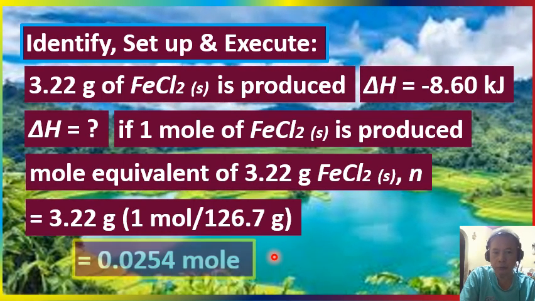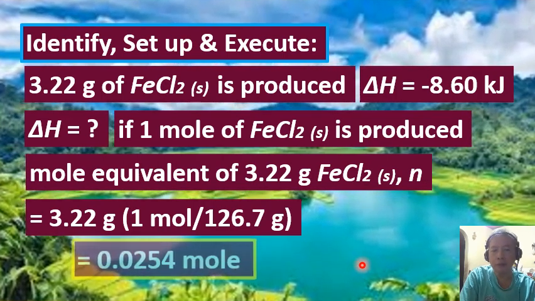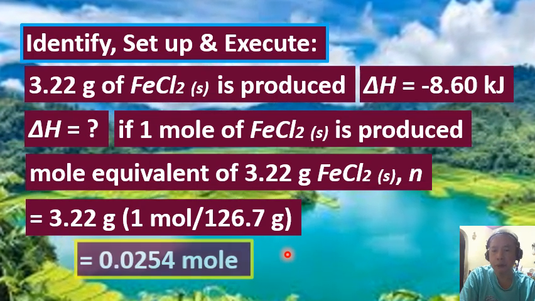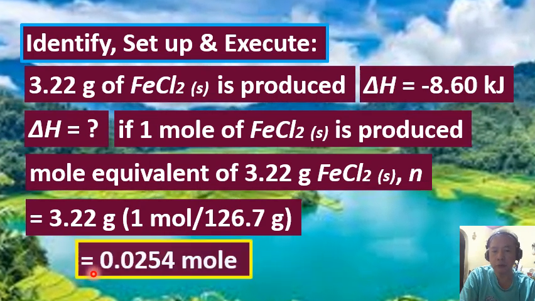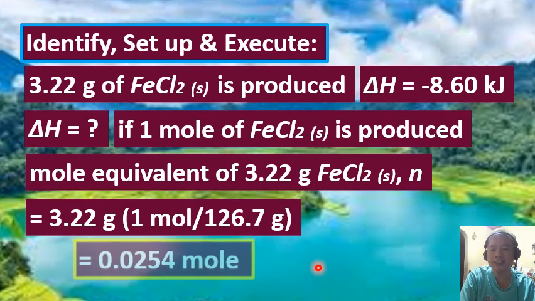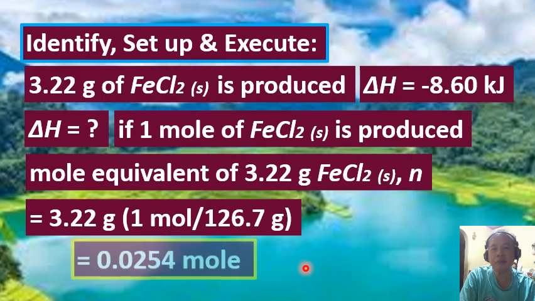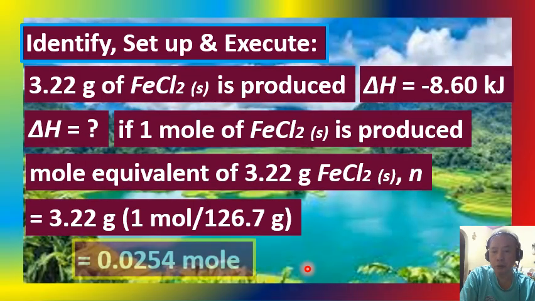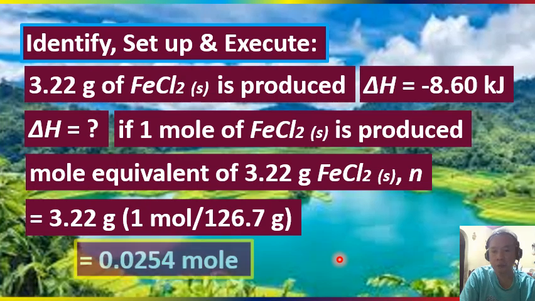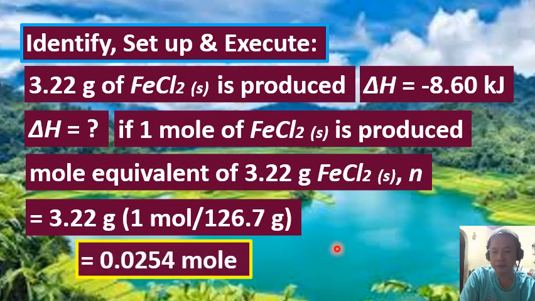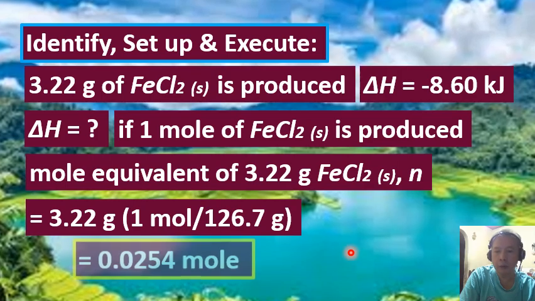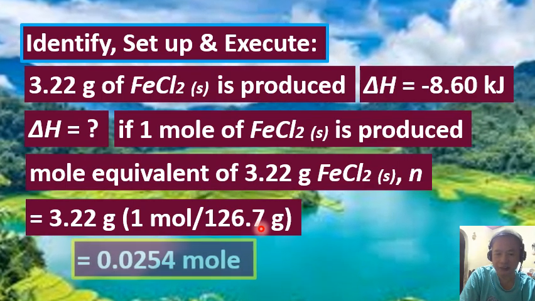And so we get the mole equivalent of 3.22 grams of the product ferrous chloride equal to 0.0254 mole. So again, notice that the same number of moles is produced as the product, just like the actual number of moles of the reactants.